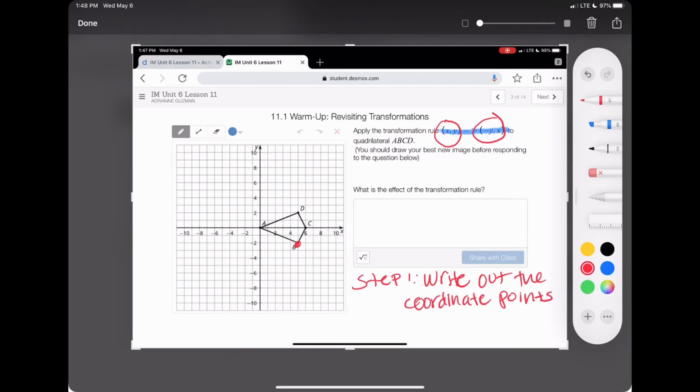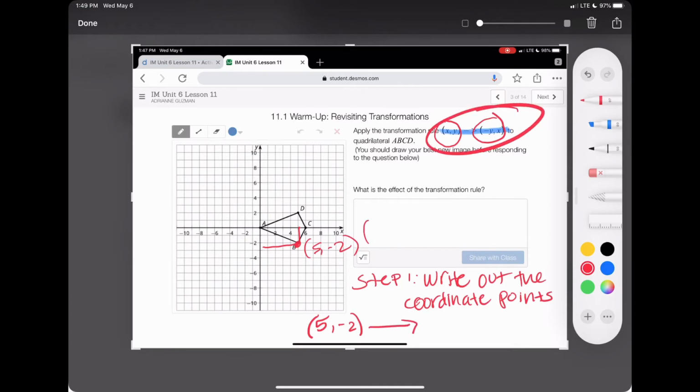B is at, and remember you always want to go in this order, X, Y. B is at 5, -2. 5, -2. So you'll do that for C, you'll do that for D, you'll do that for A. That's your step 1. Step 2 would be, and I'll do this one with you, but you have to do the rest, to apply this rule here.